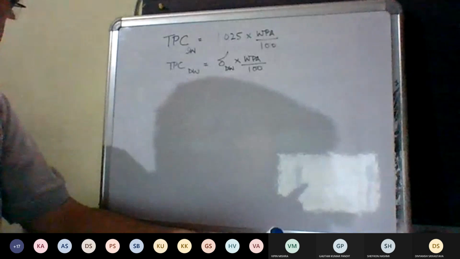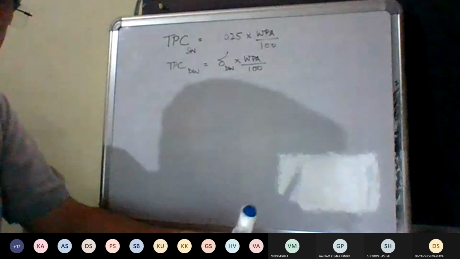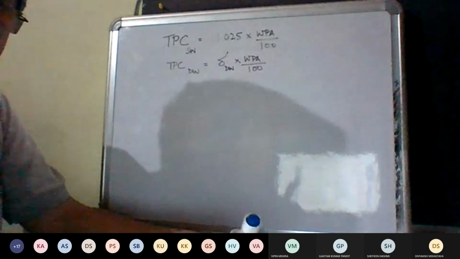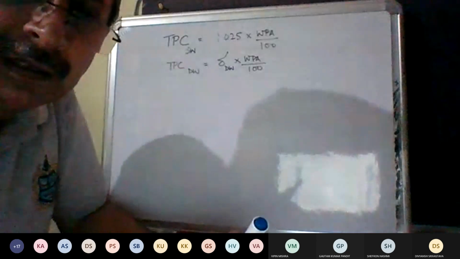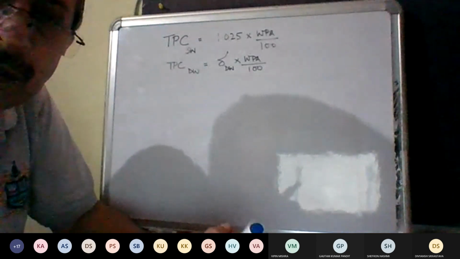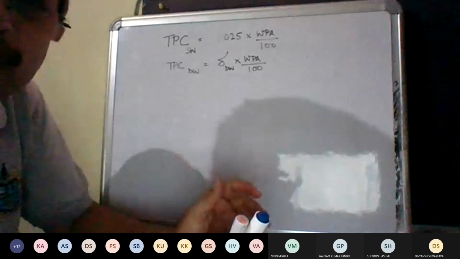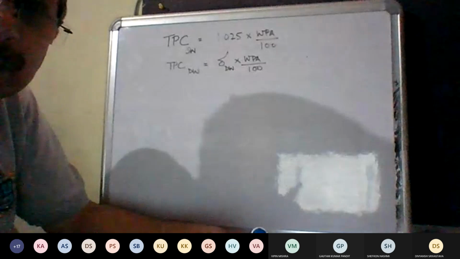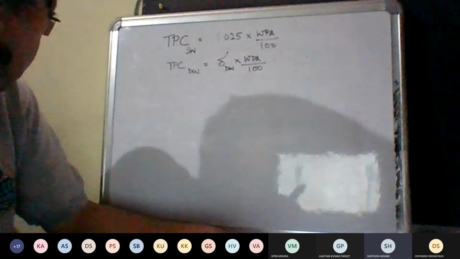If my vessel is floating at a draft of 4 meters, how many tons will it take for my draft to increase by 1 centimeter, to 4.01?